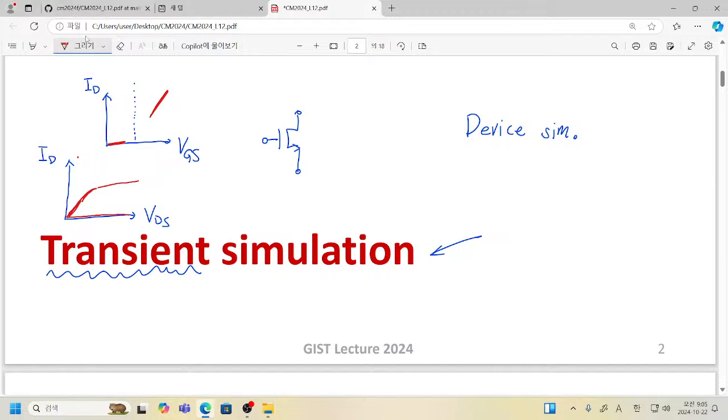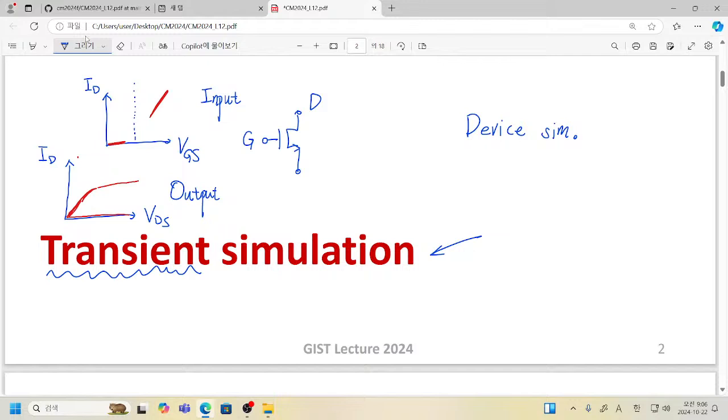So typically people call it the input characteristics of a MOSFET, and this is the output characteristics of your MOSFET. It is because the gate terminal is regarded as your input terminal and the drain is regarded as your output terminal. But in both cases they share a common factor.